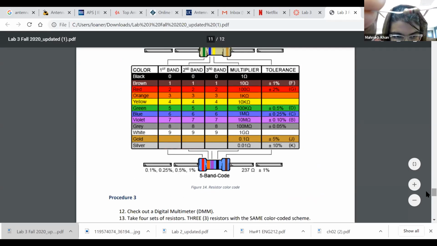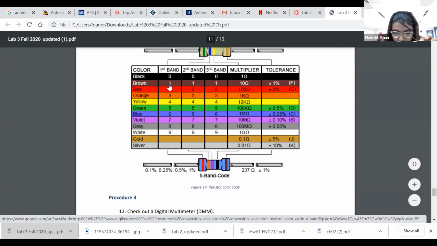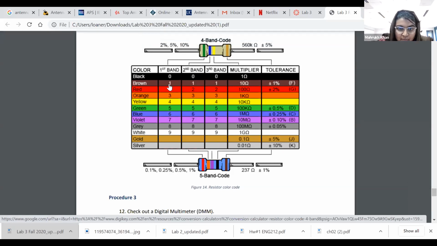Can you see that? Resolution is not good, but this is brown, the first band. So it's 1. Second band is black, so it's 0. You write it like that, 1, 0. And then the third band is red, which is 2.